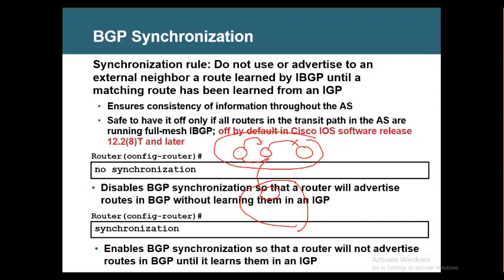In current versions, a route learned from an IBGP is advertised to EBGP. It will not be advertised to IBGP, but it will be advertised to EBGP. There is nothing wrong in doing it. But earlier, because of the synchronization rule, it was not allowed to advertise until the same route was advertised by OSPF or EIGRP. This was an unnecessary rule.